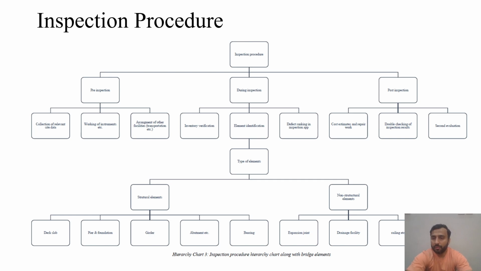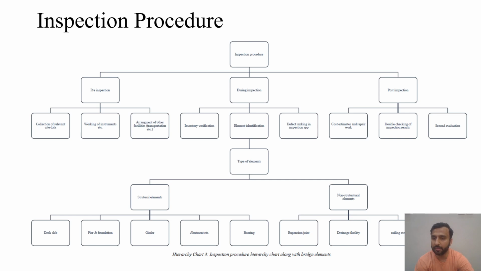In the case of post-inspection, this is the area where the RAMs mostly work, where they use the information entered using the bridge inspection application during the site visit by the bridge inspector.